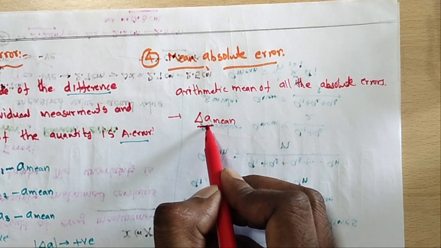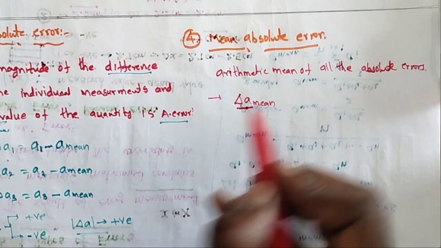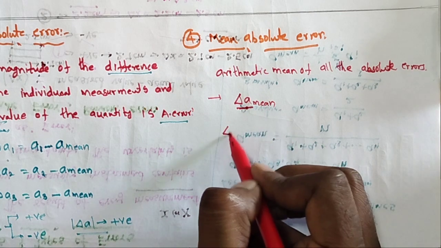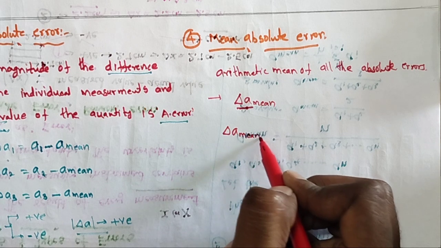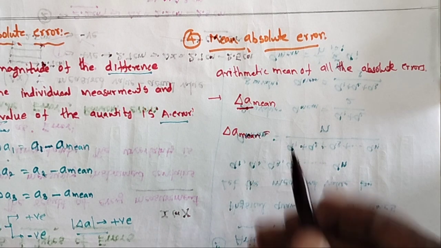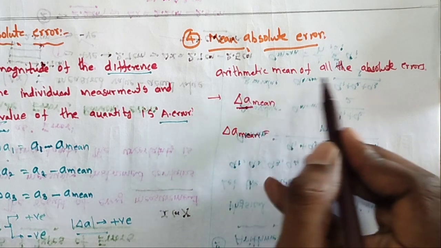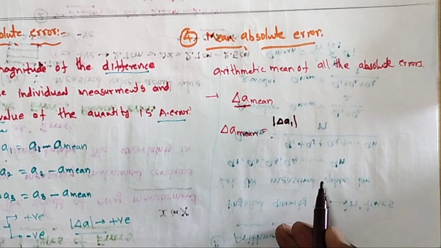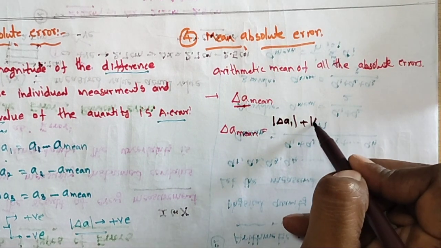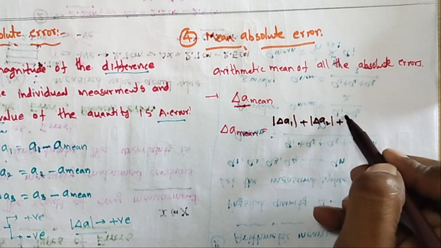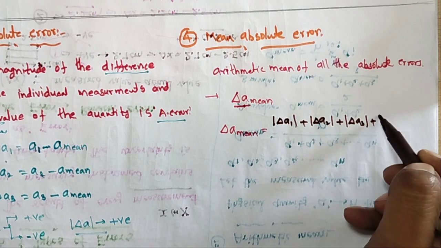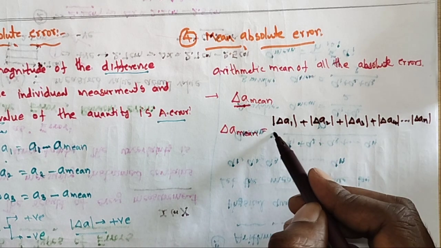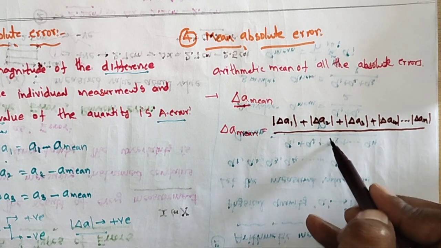Delta A mean is different from A mean. A mean means A1 plus A2 plus so on, but delta A mean is the arithmetic mean of the individual errors. I will write the formula: delta A mean is equal to delta A1, the first absolute error, plus the second absolute error, plus the third, plus the fourth, and so on up to n terms, divided by n.